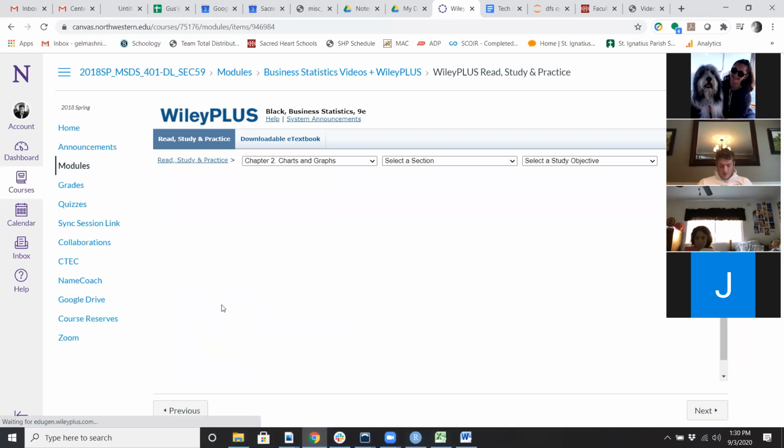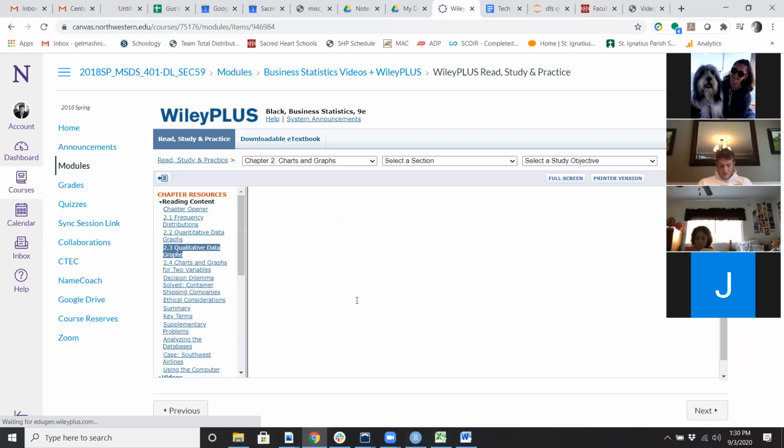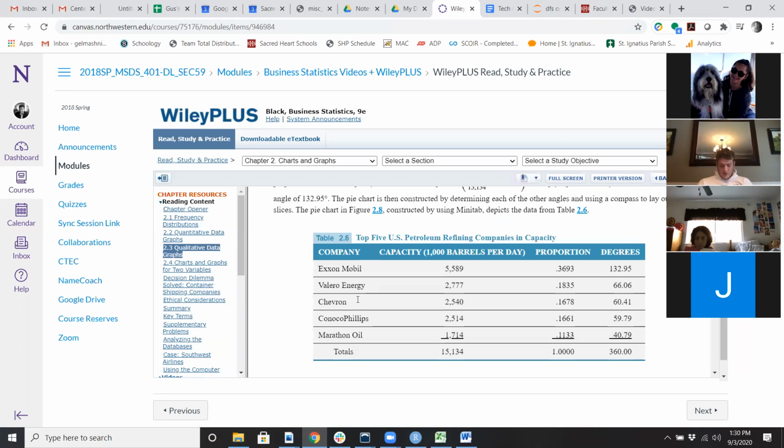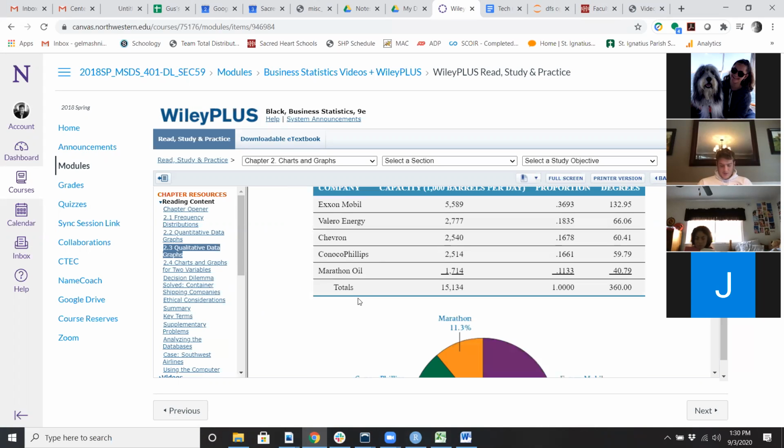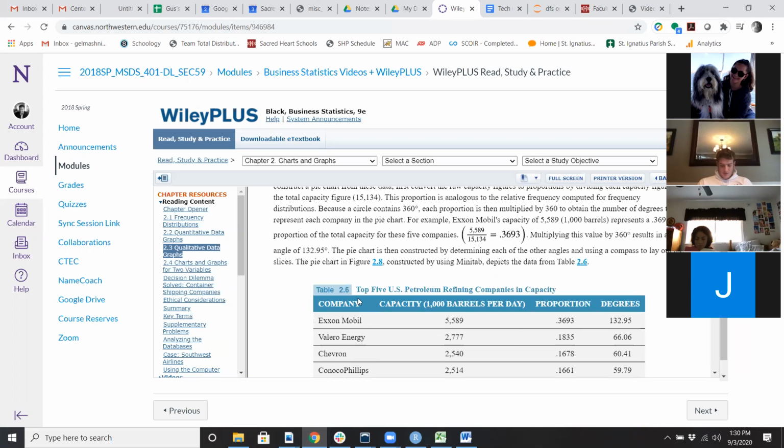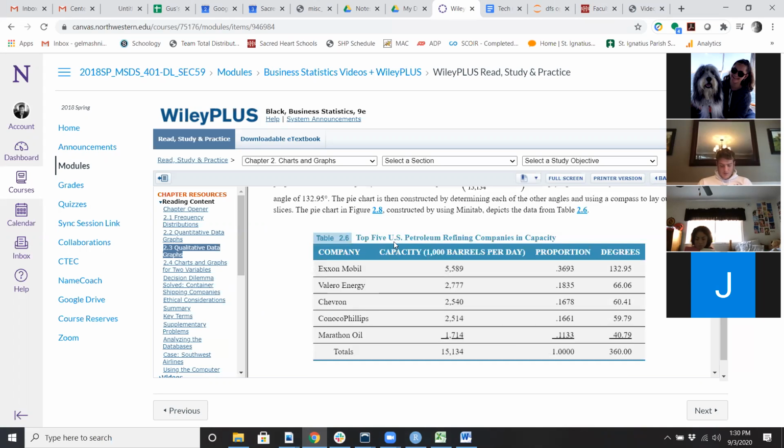Now, qualitative data graphs, pie charts. We talk about how to do pie charts. For example, here we're talking about the top 5 petroleum companies: ExxonMobil, Valero, Chevron, ConocoPhillips, and Marathon Oil. And these are barrels per day of their capacity.